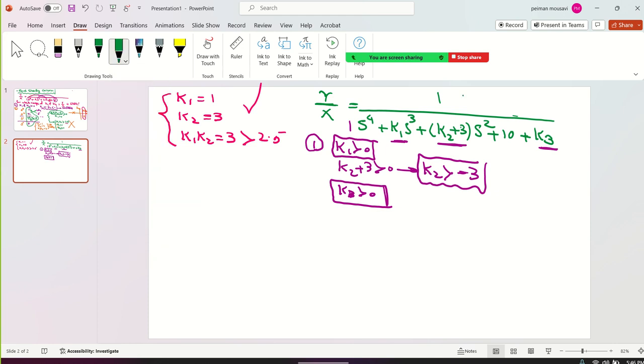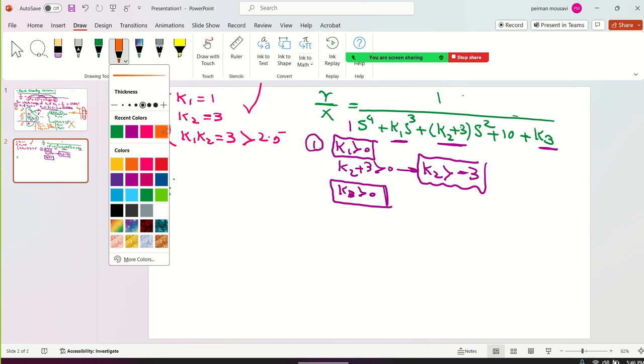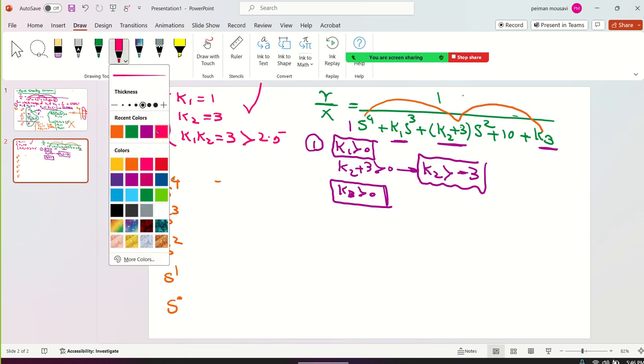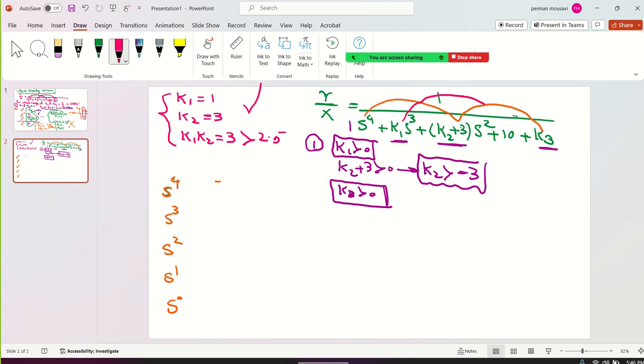You have to make the table. It's going to be s^4, s cubed, s squared, s^1, and s^0. You know how we select them: this and this, and then this and this.